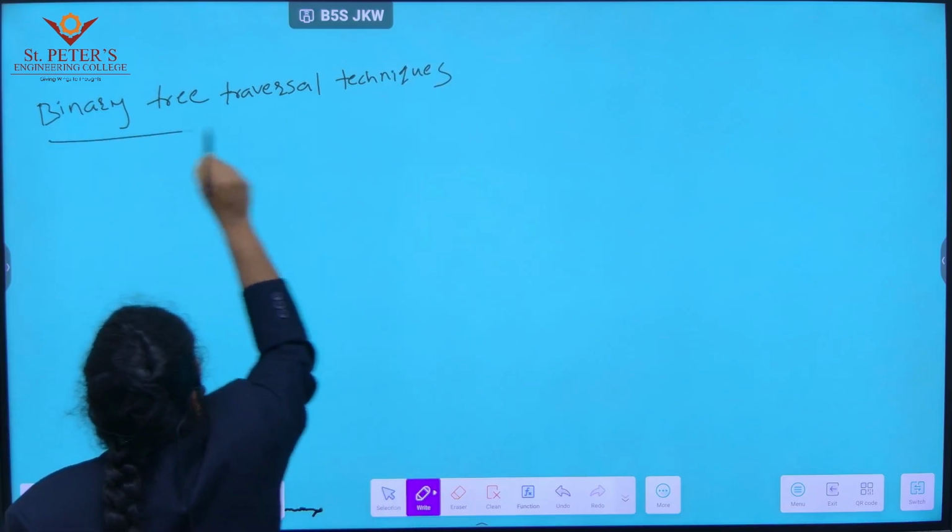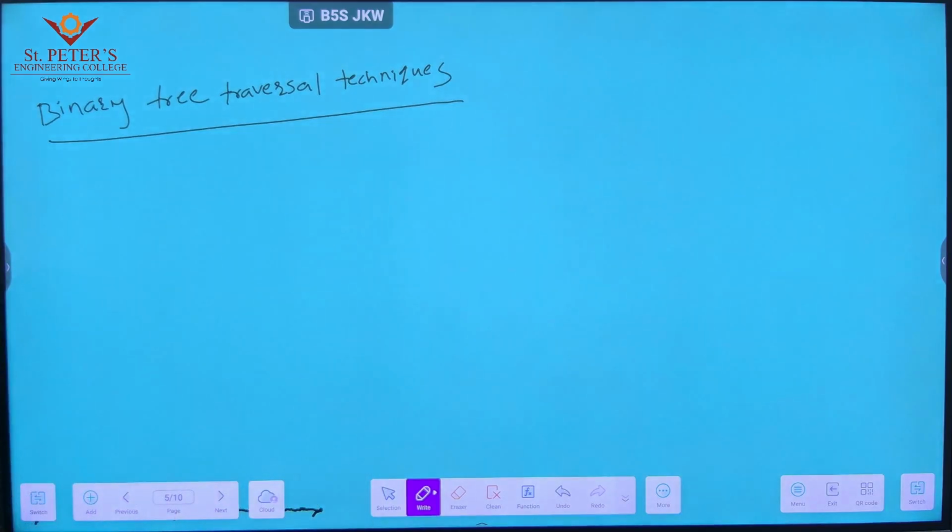Binary tree traversal techniques. This is a very important topic in trees concept. So traversal, what is meant by traversal?